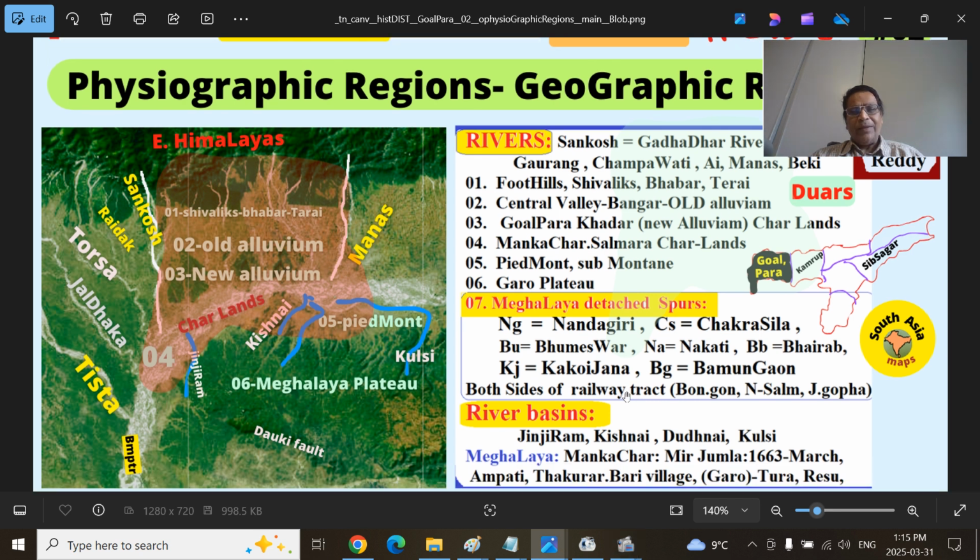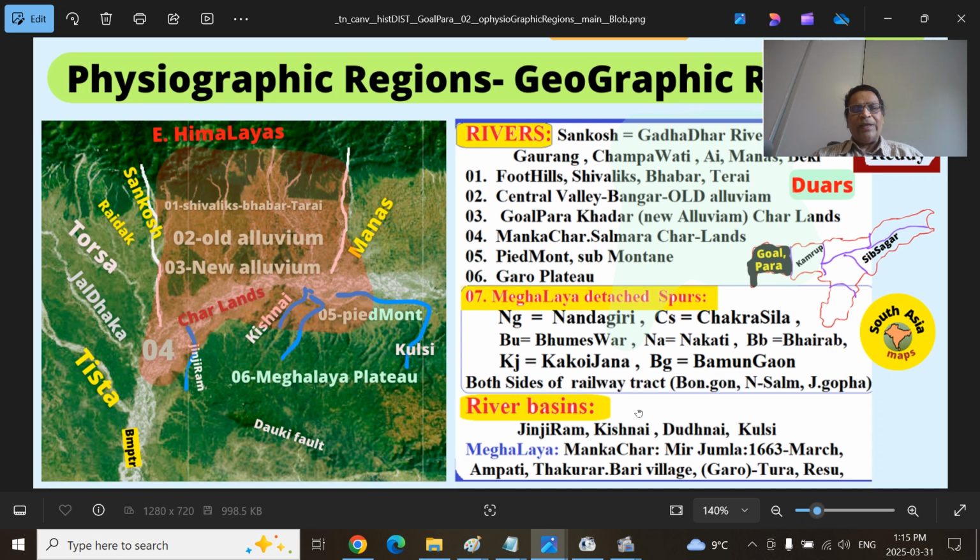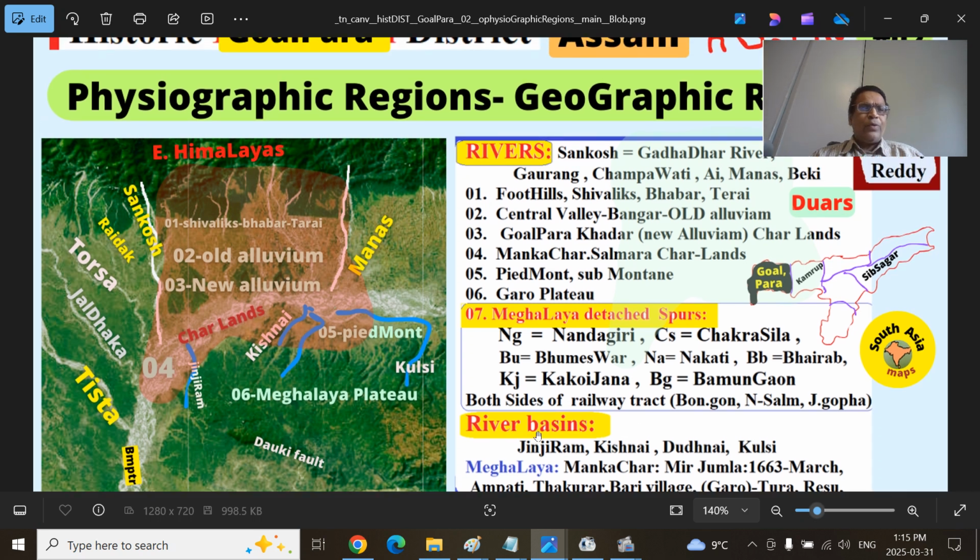In the next screenshot, the rivers flowing towards the Brahmaputra, that is the west, the left bank rivers like Jinjiram and Krishnai, Dudnai, Kulsi. We'll see there. And to have a broader idea, this is the Tista River, which joins the Brahmaputra River, called Jamuna downstream.